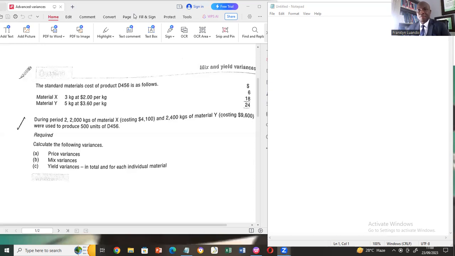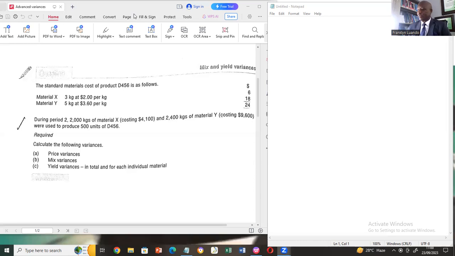It will be adverse variance. And if we have the material mix adverse variance, it would mean there is a higher proportion of expensive material in the mix, and most likely it will be the material of high quality, and therefore it will have a favorable impact on the material yield.